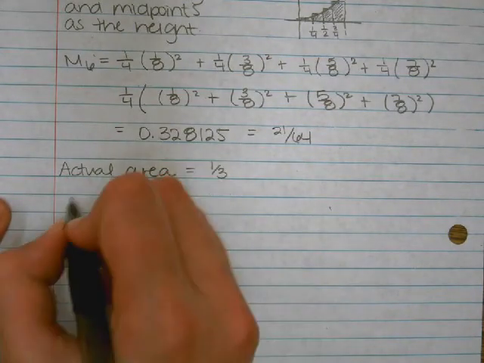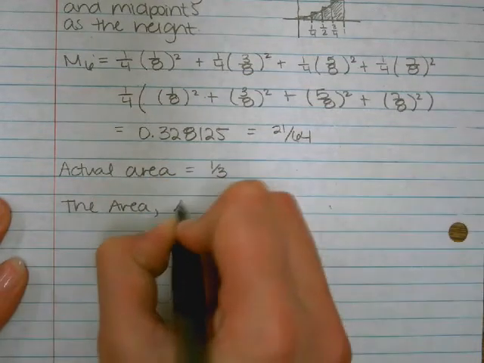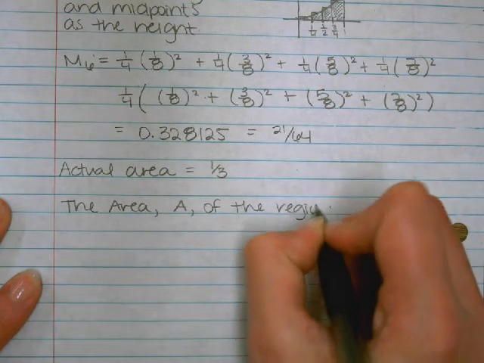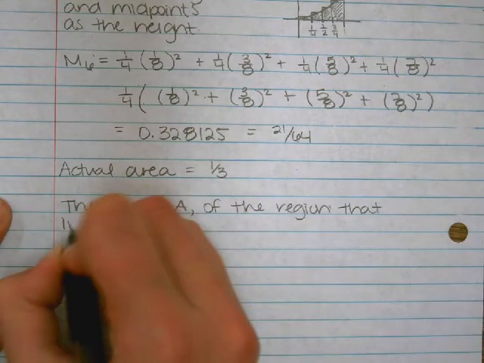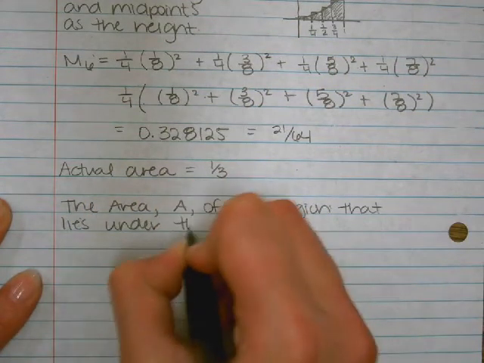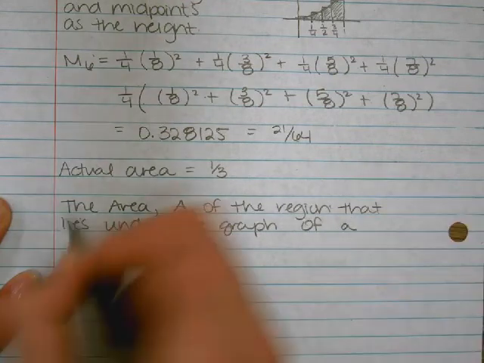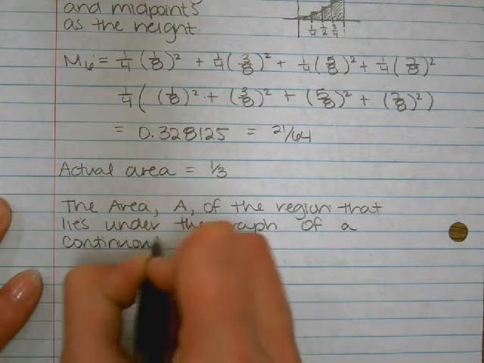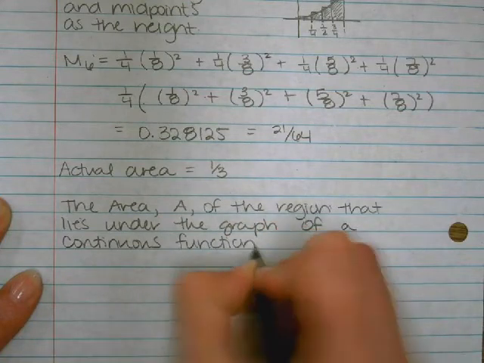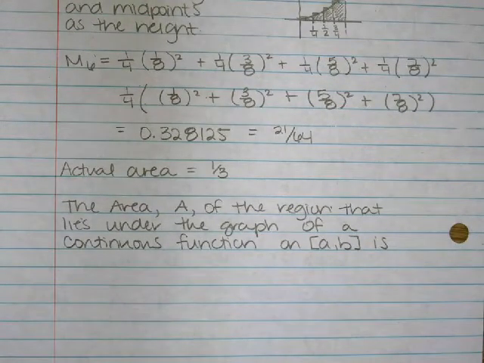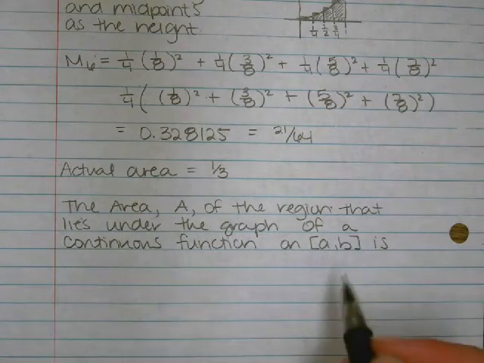It says the area A of the region that lies under the graph of a continuous function on the interval [a, b] is, so, and when they say under the graph, they mean exactly what we did, looking at the area between the curve and the x-axis. So that's what they mean by saying under the graph.